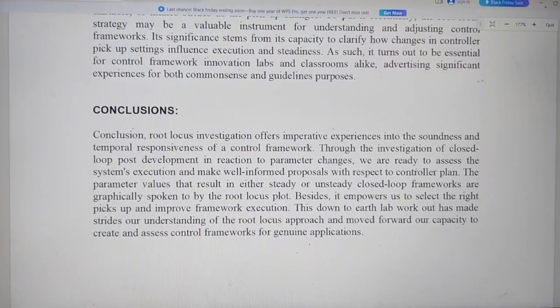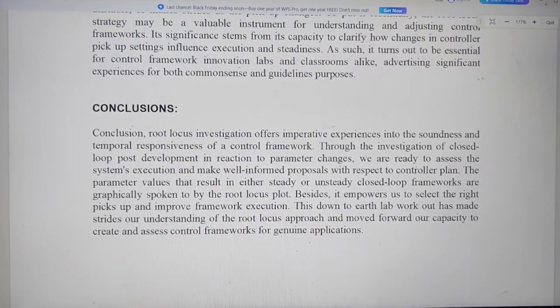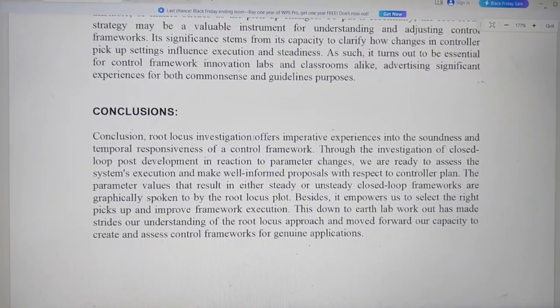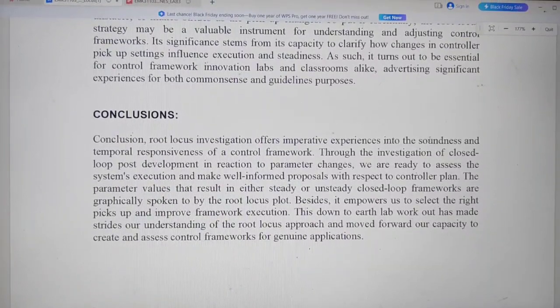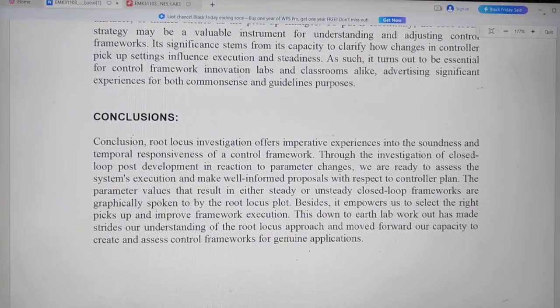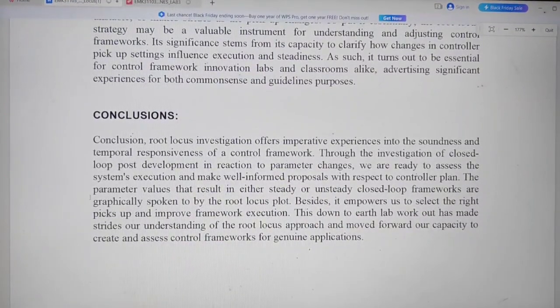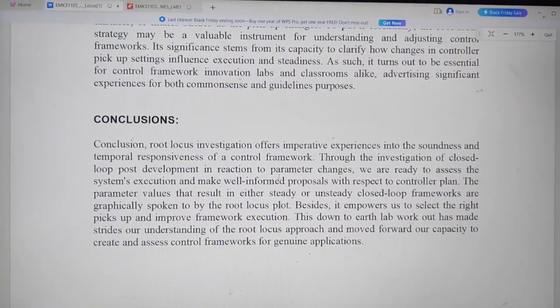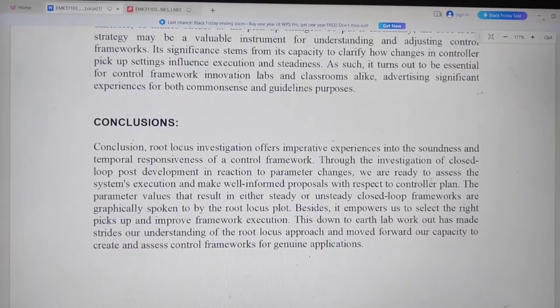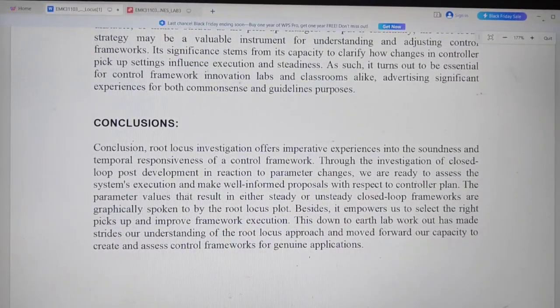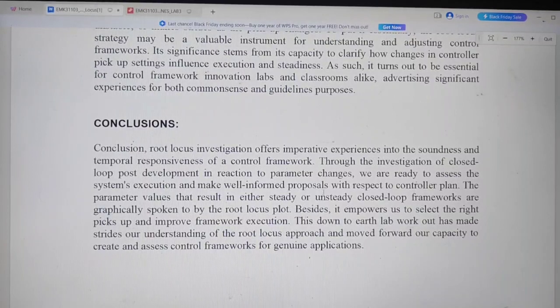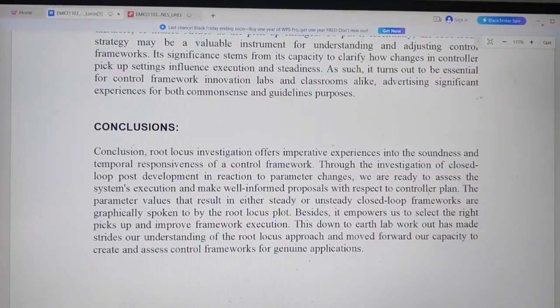For the conclusion, root locus analysis offers important insight into the stability and transient responsiveness of a control system. Through the analysis of the closed loop pole movement in response to parameter changes, we are able to assess the system performance and make well-informed recommendations regarding controller design.